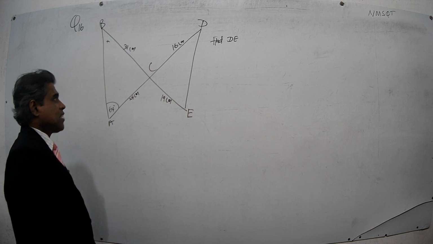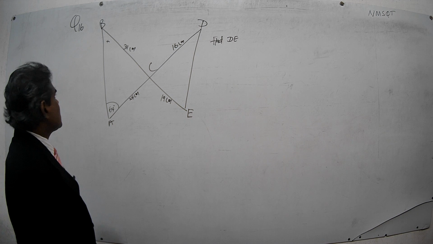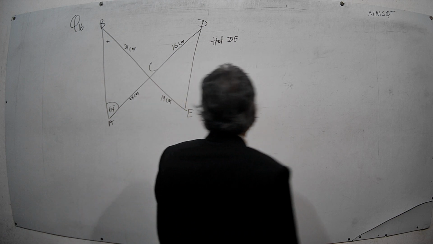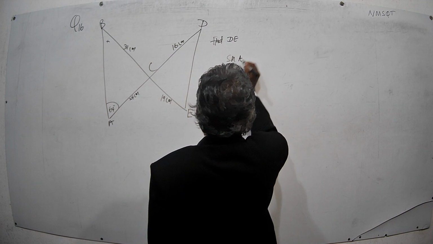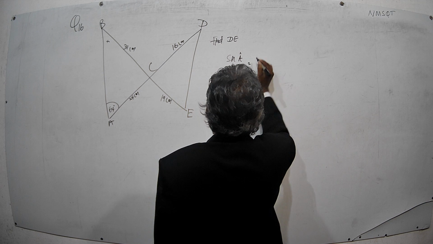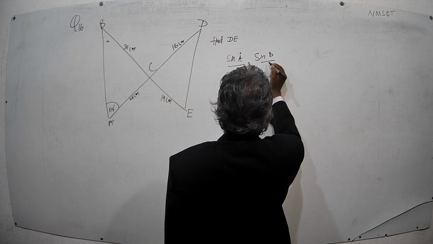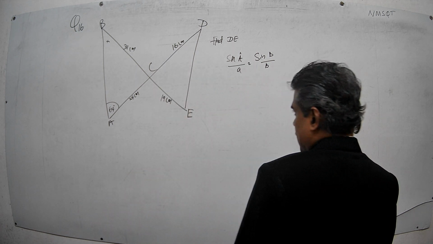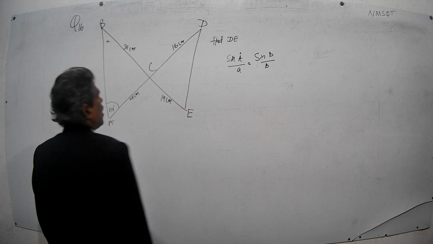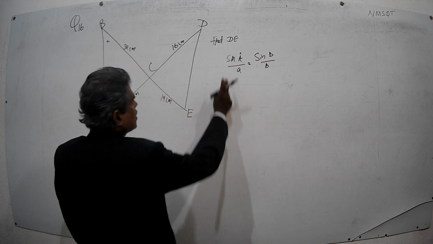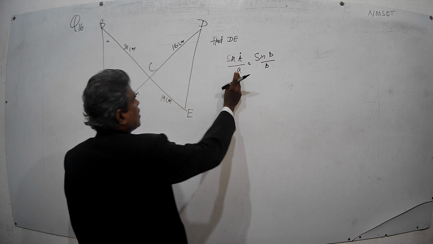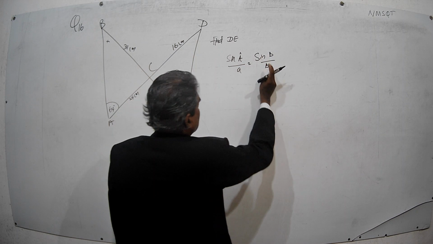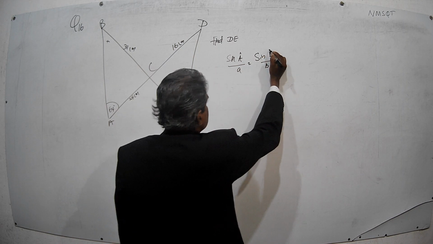The sine rule for scalene, non-right-angled triangles is sin A over A equals sin B over B. This means sine of angle A over the side opposite angle A equals sine of angle B over the side opposite angle B.